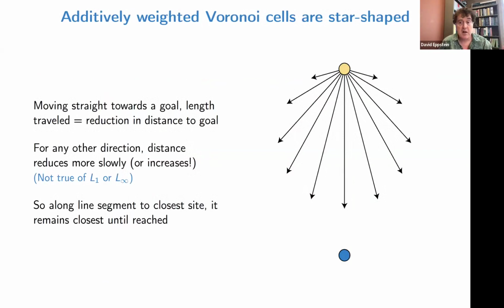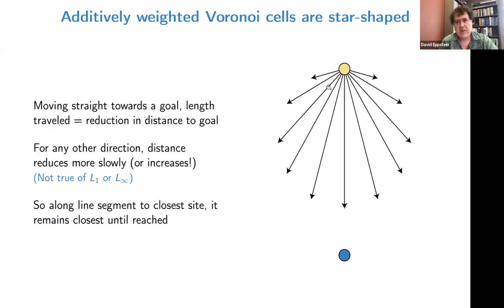They're star-shaped. If some site, this blue site here, is one of the closest sites to this yellow point, a point in the Voronoi cell of this blue point, and you move towards this blue point on the closest curve connecting these 2 points in a straight line, the distance from the yellow point to the blue point as you move reduces by exactly the amount that you've moved, 1 to 1.